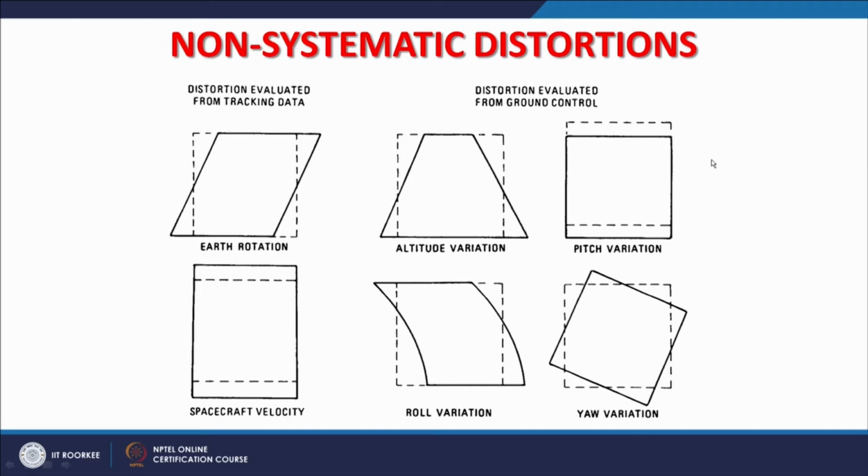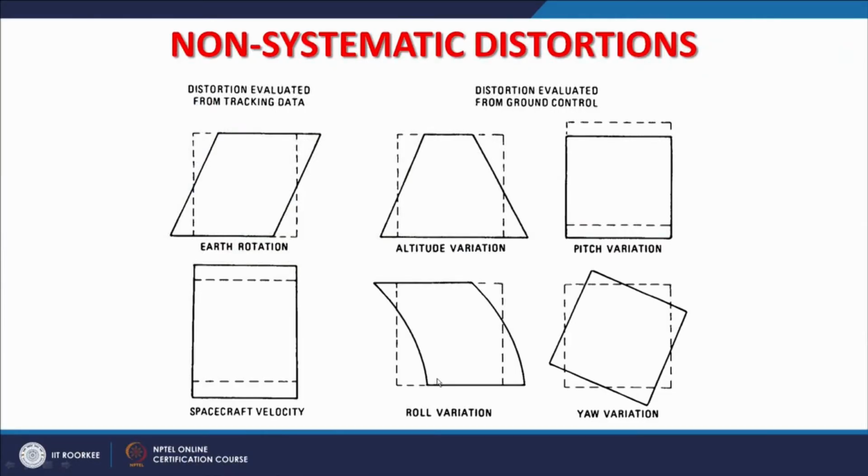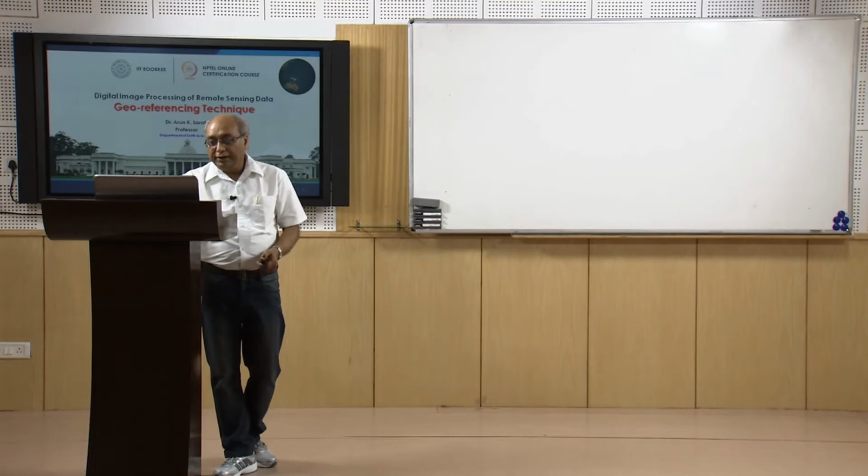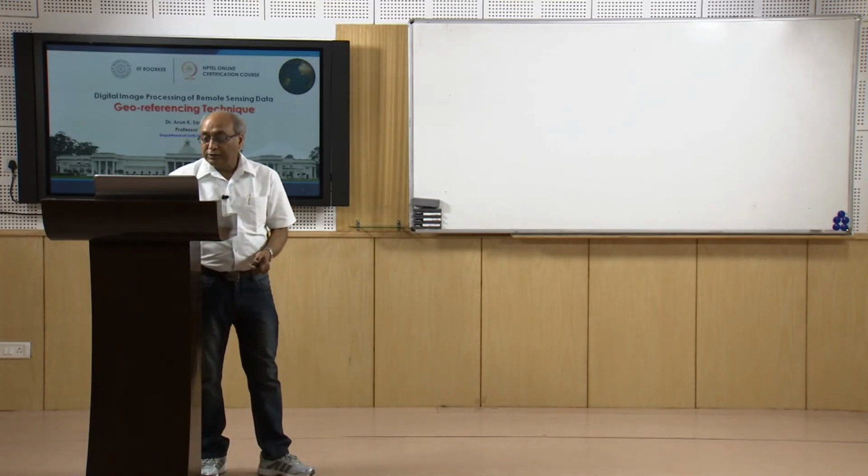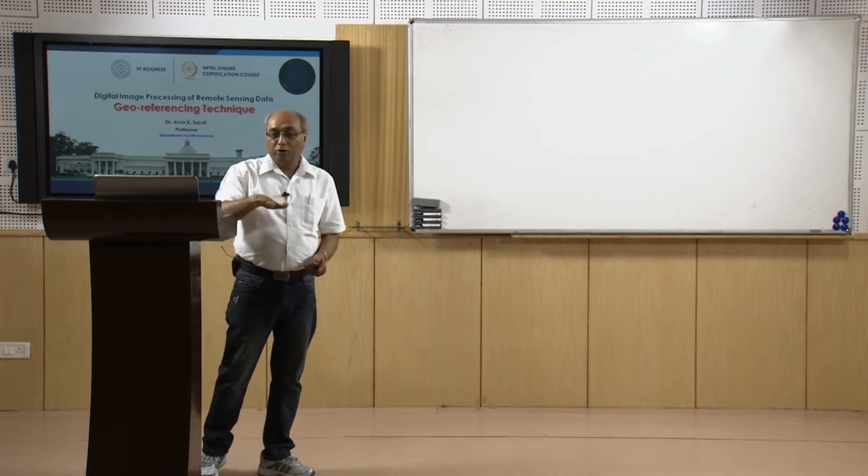The spacecraft velocity variation may bring a different kind of representation of the image. A roll variation is when the spacecraft is going and it rolls something like this and tilts to the sides. Another type of distortion which can be introduced in the image is the yaw variation.